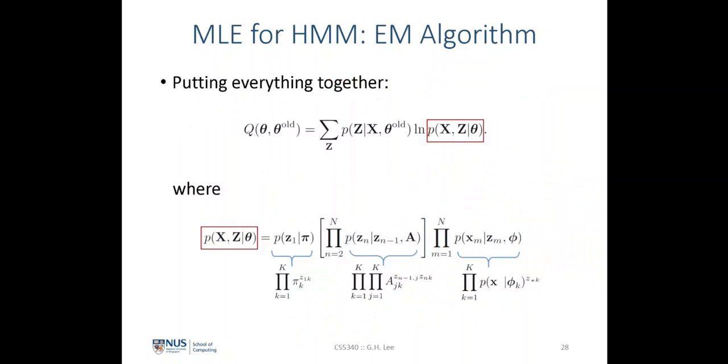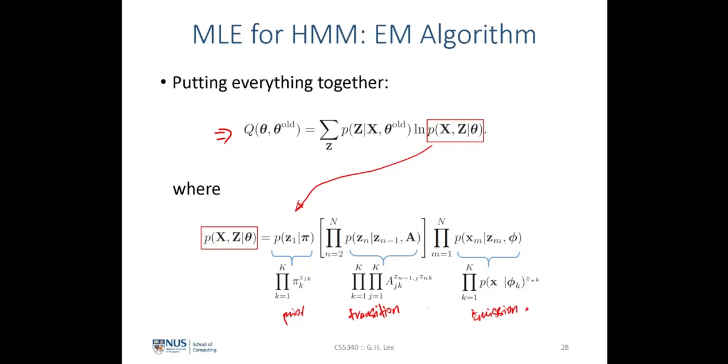So now, having defined all the terms, we are going to put everything together into the expectation step to define the function Q, where we can see that it's a marginalization over all the latent random variables on the posterior over the log complete data likelihood of x and z. Here x and z is given by the joint probability distribution that we defined earlier, made up of the prior term, the transition probabilities, as well as our emission probabilities.